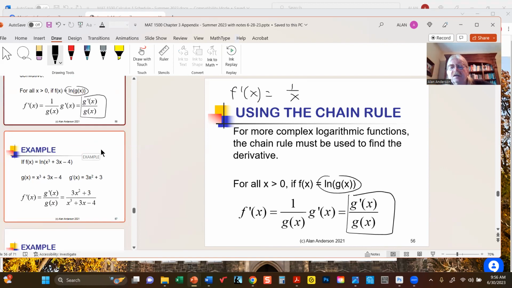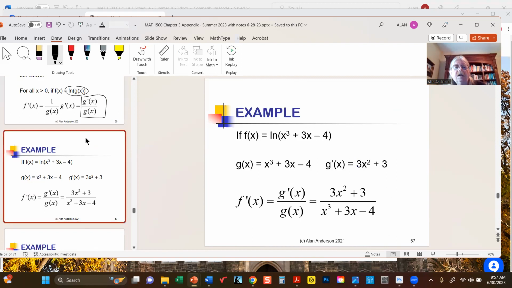All right, so let's take a look at a quick example. What if f of x is a log of a polynomial? Here we are. So this is g of x.